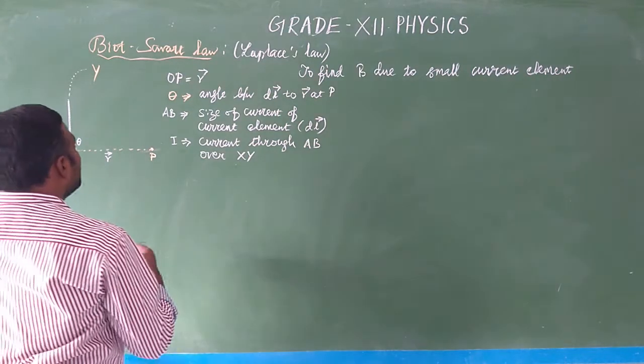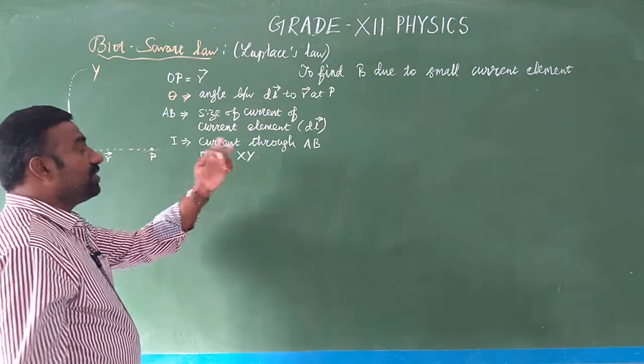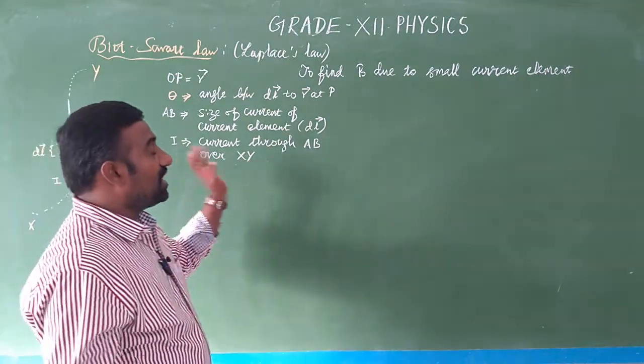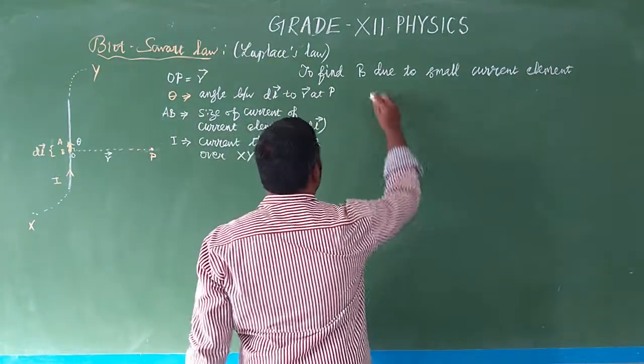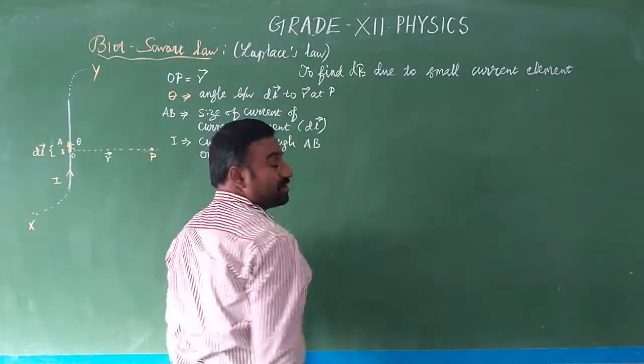So what the Biot-Savart law says, already we know, Biot-Savart law gives the relation to find the magnetic field due to the small current element. அப்ப small current element நால அது produce பண்ற magnetic field dB ஆ தான் இருக்கும்.